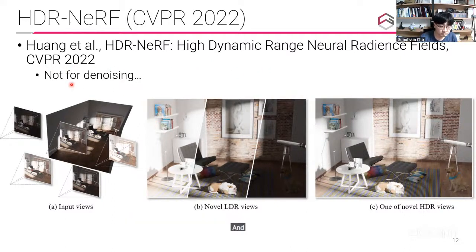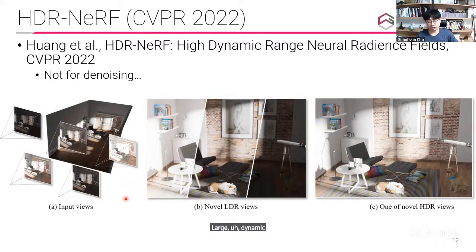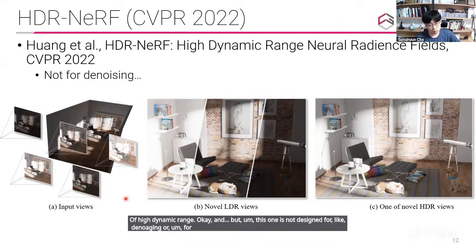It takes multiple low dynamic range images as input, and it reconstructs radiance fields of large dynamic range, so that we can render novel views of high dynamic range. Okay, but this one is not designed for denoising or for handling low light conditions.